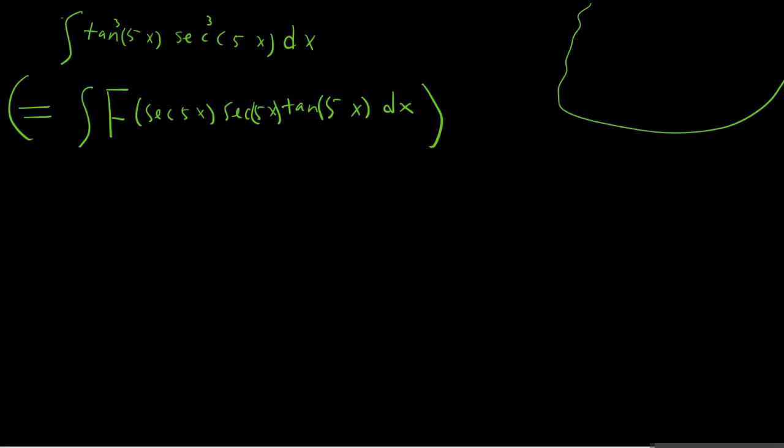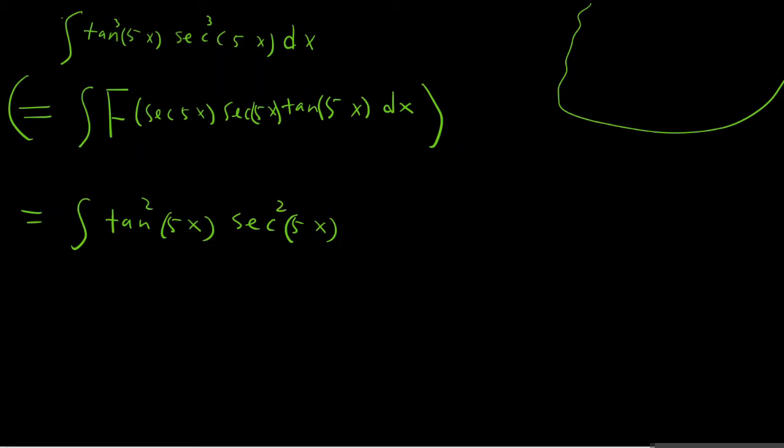Is it possible? After leaving out one secant and one tan, the integral can be converted to this: this factor becomes tan of 5x, now the whole thing squared, right? And then times secant of 5x, the whole thing squared.